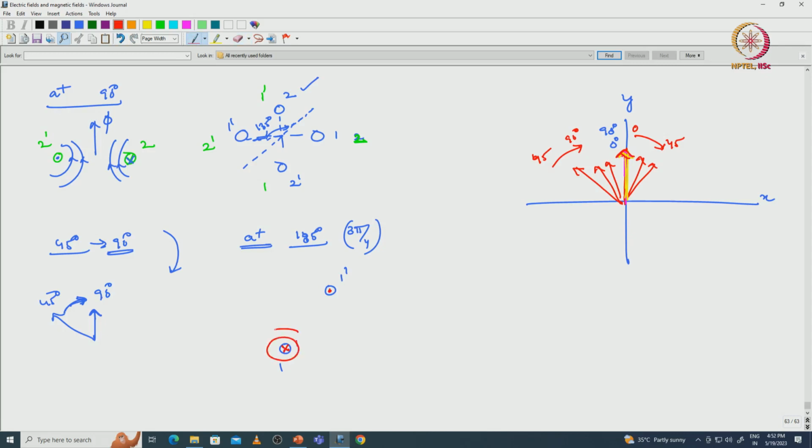With respect to the cross, the magnetic fields will be in a clockwise direction, and with respect to the dot, in an anti-clockwise direction, right. Anti-clockwise direction means in this direction. So the resultant flux is in this manner.